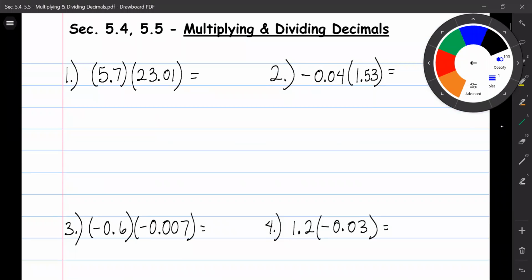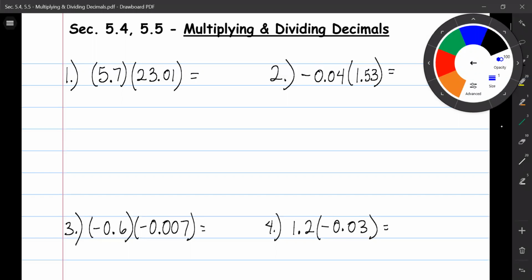So when you're multiplying decimals, you're just going to focus on, first of all, multiplying the two numbers together. So let's see, number one is just a little bit of a harder one because we're gonna have to do kind of a big long multiplication. So let's do maybe a little bit easier one like number 3.